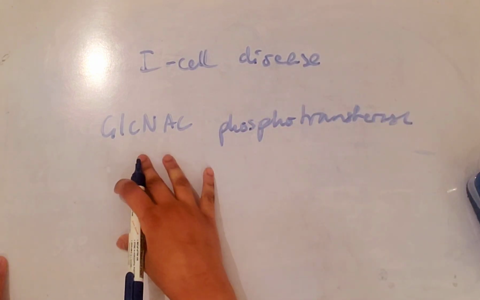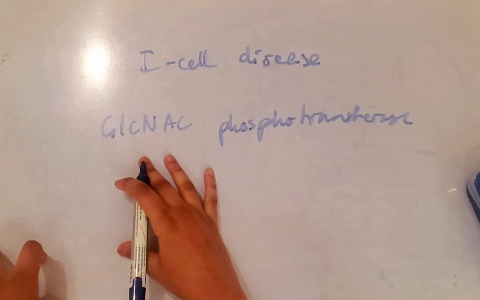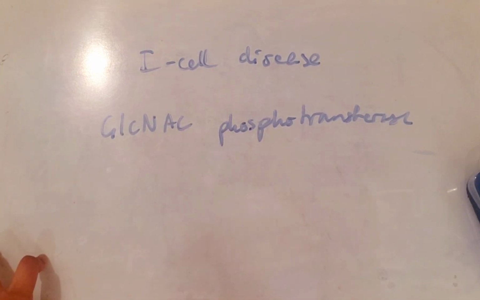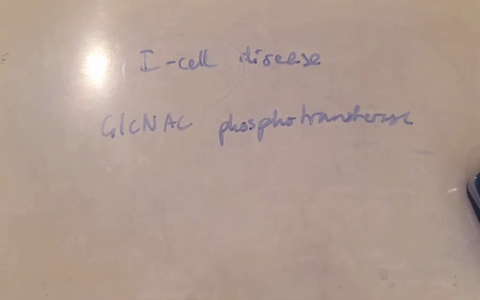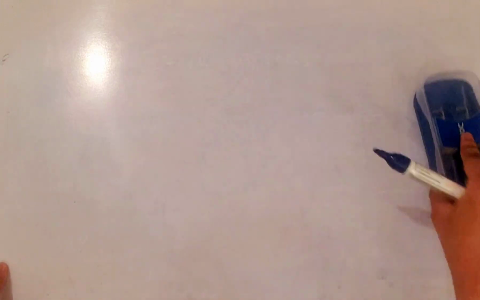This enzyme is responsible for the phosphorylation of mannose, and a mutation in this essentially means that your lysosomal proteins are secreted, which leads to the presence of inclusion bodies in the cell, and that is inclusion cell disease, a disease of the phosphorylation of mannose, which affects the lysosomes.